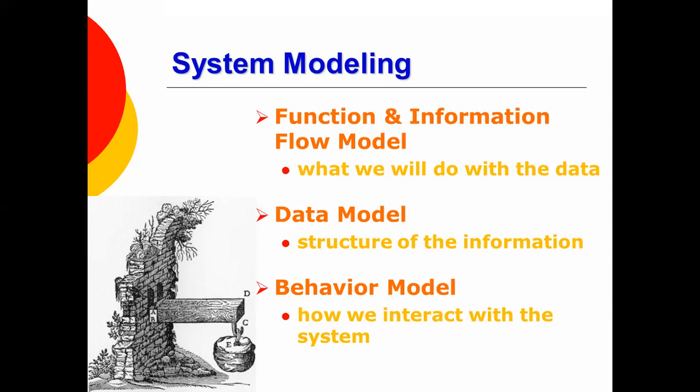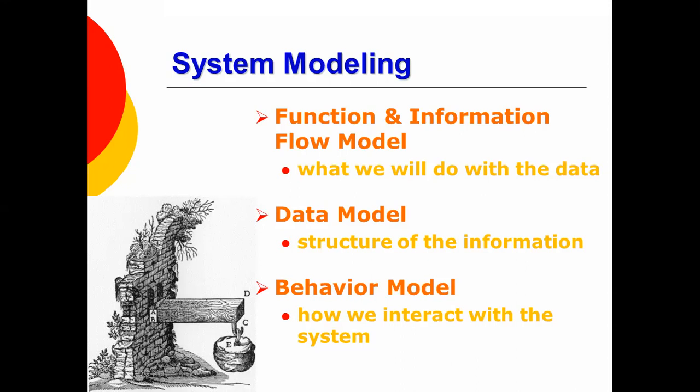So what will we do with the data? The flow model contains the functions, and information means the data. Functions are the procedures, and we can also call procedures functions, or we can say a number of components. So we will divide our software into a number of functions or components.